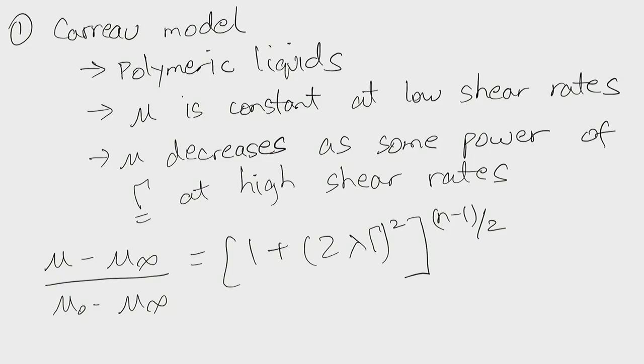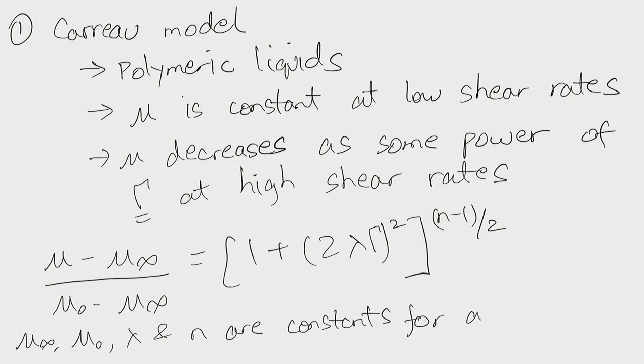And here, mu infinity, mu naught, lambda, and n are constants. They're given constants for a fluid. And usually the value for n ranges from 0.2 to 0.6 for polymeric liquids.